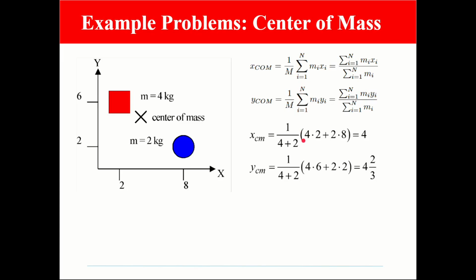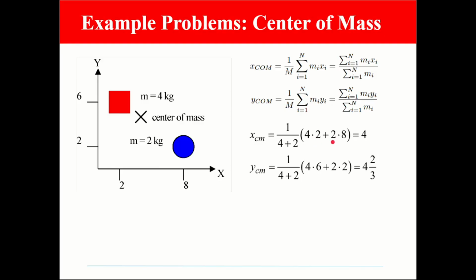What you do is you take one of the masses, 4 in this case, that's the red one, and then we take the x-coordinate, or the distance on the x-axis from the origin, and we get 2. So that's going to be 4 times 2. That is going to represent our red mass.